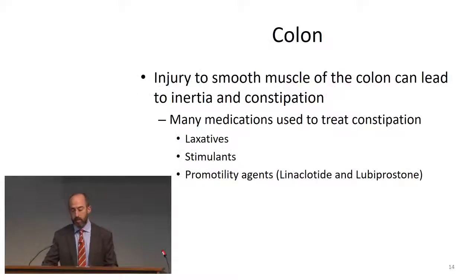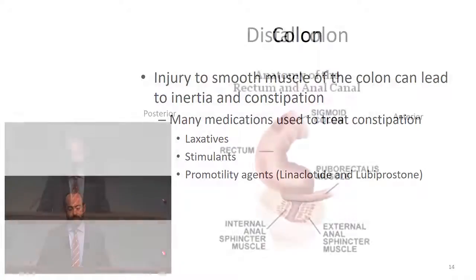In the colon, injury to the smooth muscle can lead to inertia and constipation. And so we use many medications that are commonly used to treat constipation and those that are a little less commonly used. So we start with things like laxatives and stimulants and then move on to promotility agents, for example, Linzess and Amitiza, or linaclotide and lubiprostone.